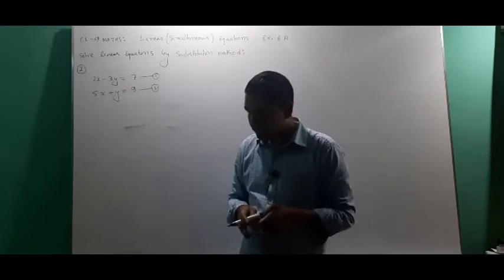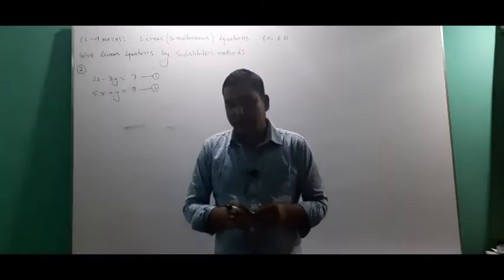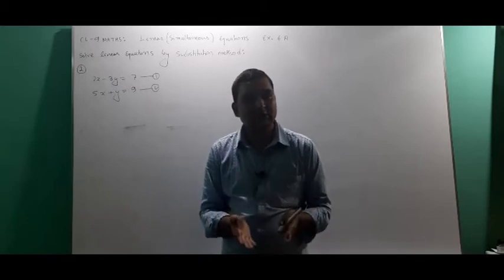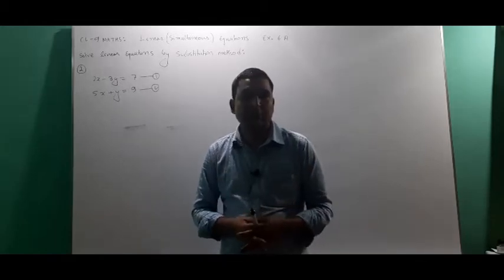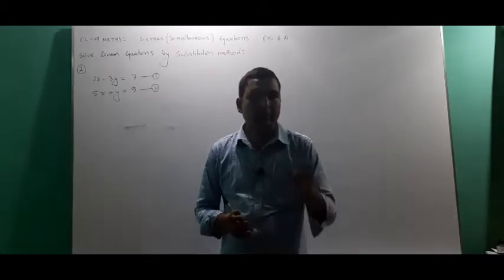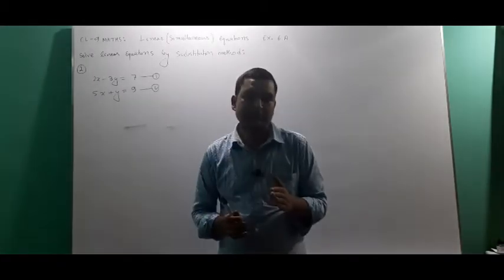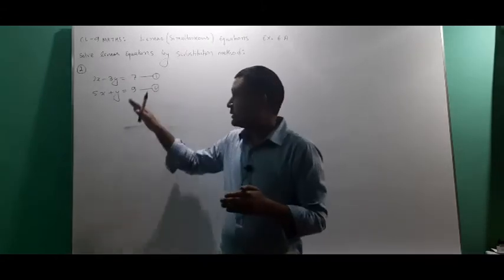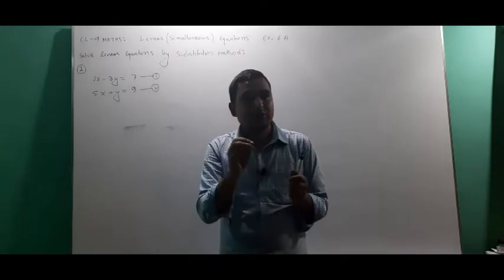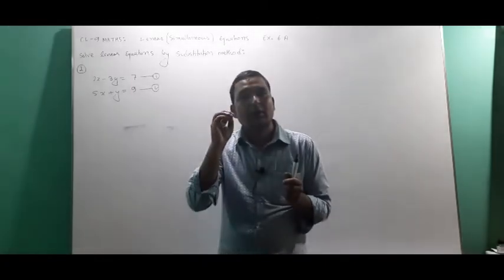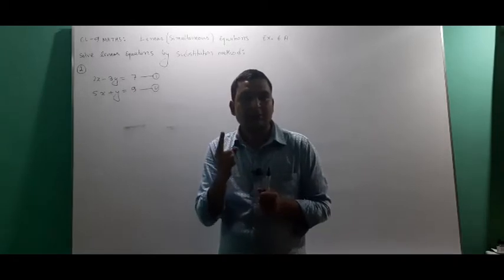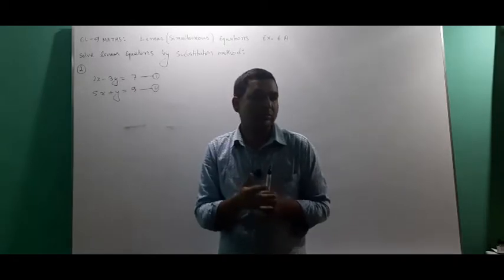Now to solve the linear equations by the substitution method, first we need to get the value of one of the variables from any one equation, either equation 1 or equation 2. I said choose the equation which has the small coefficient. If the coefficient is 1, that is the best equation to choose.